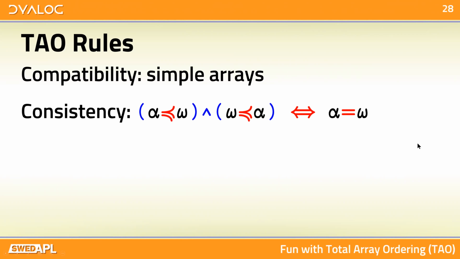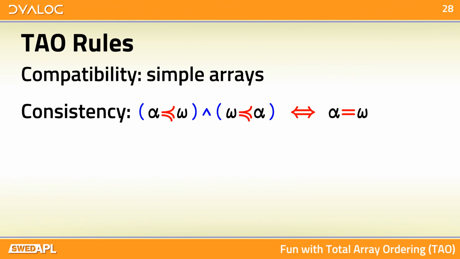We also want to be consistent. What that means is, and you can read more about it on Wikipedia under total ordering, that we define an ordering between two different members of the set. In our case, it's a set of APL arrays.